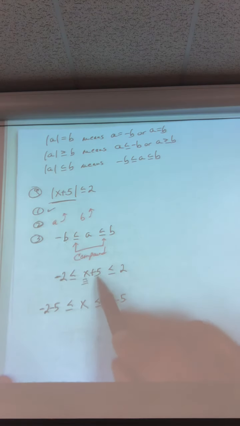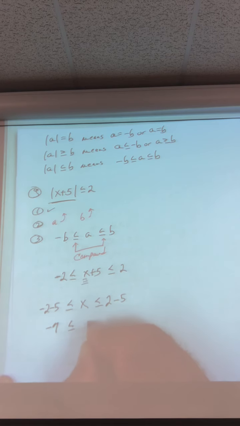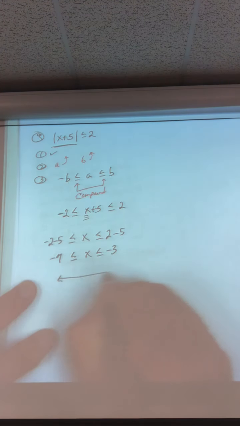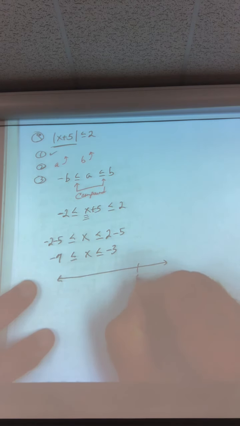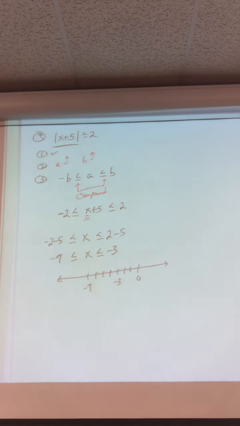Now, I subtracted 5 in the middle. It just added out. So this would be negative 7 less than or equal to x less than or equal to negative 3. So this graph: negative 7 and negative 3 are there.